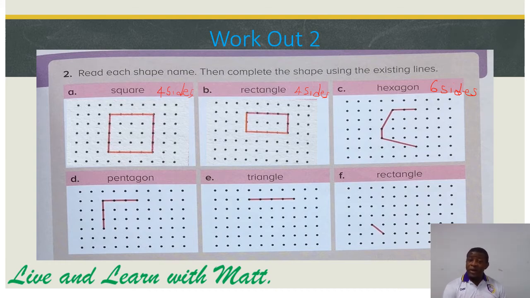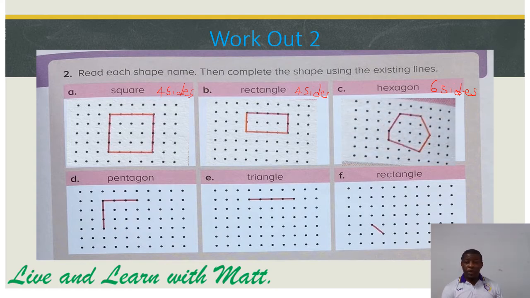You can draw it in any shape, but make sure you have 6 sides. Now we have 1, 2, 3, 4. We need 2 more sides to make it a hexagon. So we're going to have 2 more. Join 1, 2 to make a hexagon.